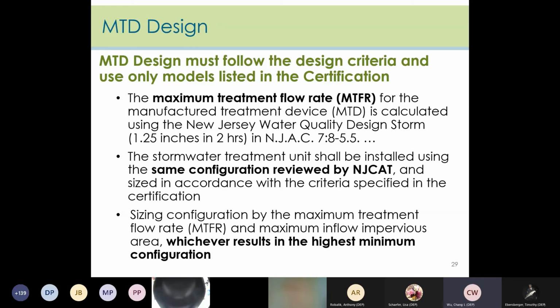The MTD design must follow the design criteria and use only models listed in the certification letter. There's a maximum treatment flow rate in the letter you have to follow. The stormwater treatment unit should be installed using the same configuration reviewed by NJCAD and sized in accordance with the design criteria in the certification.